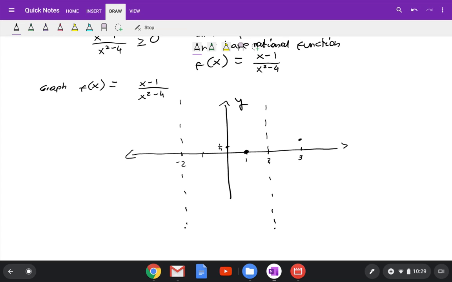Again, I'm just going to sketch the graph. Let's put it in purple. Then we have a graph which looks like this. And then there's a point somewhere here.